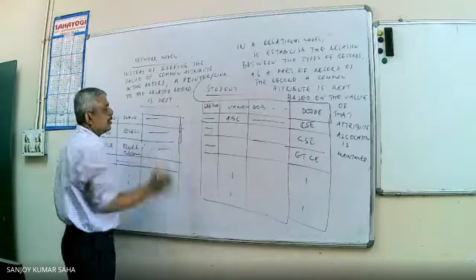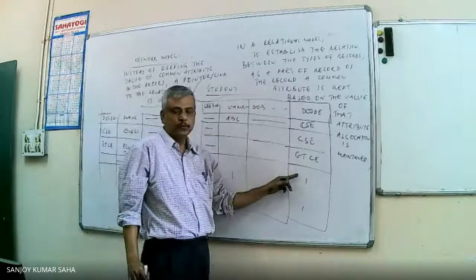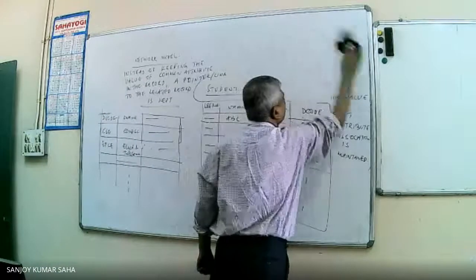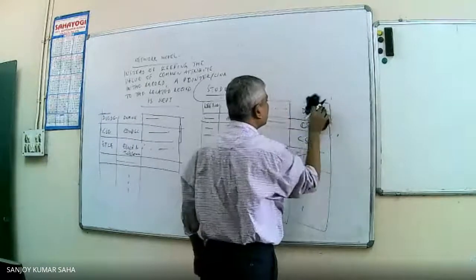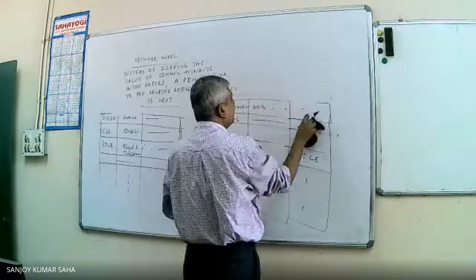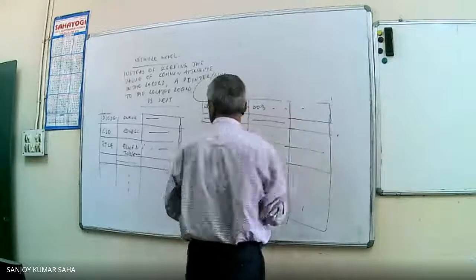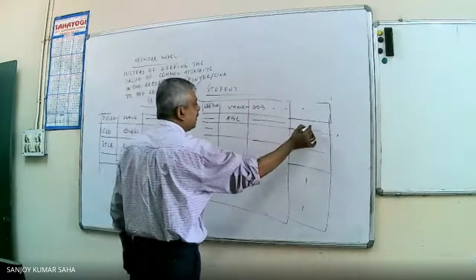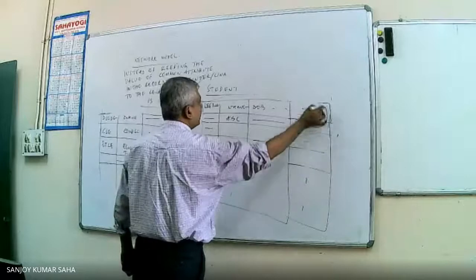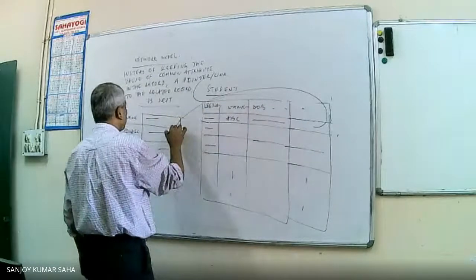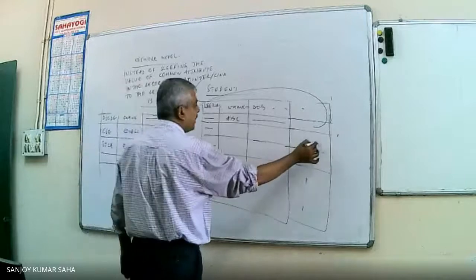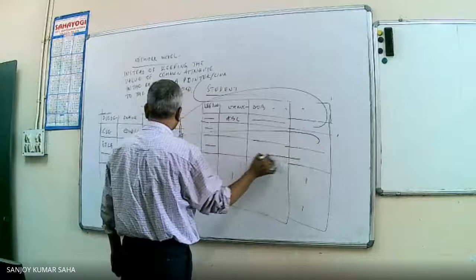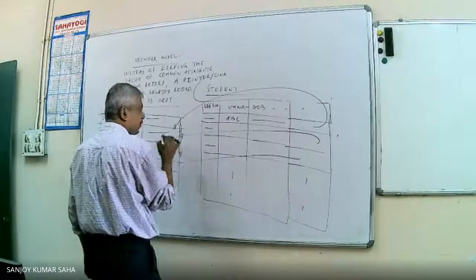So earlier it was the attribute value. Now, as a part of the record, it will not keep the common attribute value. Rather, it will keep a pointer. Say if it belongs to CSE, it will keep a pointer pointing to the CSE record. If it belongs to ETC, it will keep a pointer pointing to the ETC record. Right?